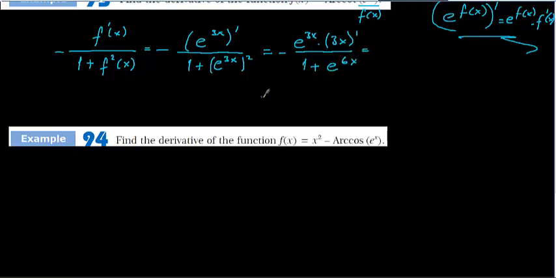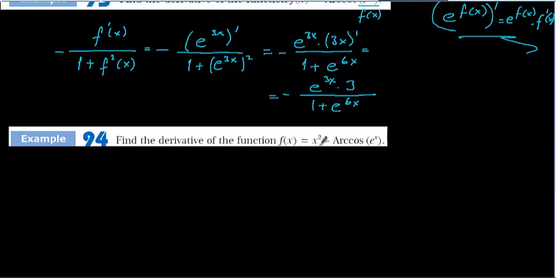And the last one, I'm going to write minus e to the power of 3x times 3 over 1 plus e to the power of 6x as the answer.